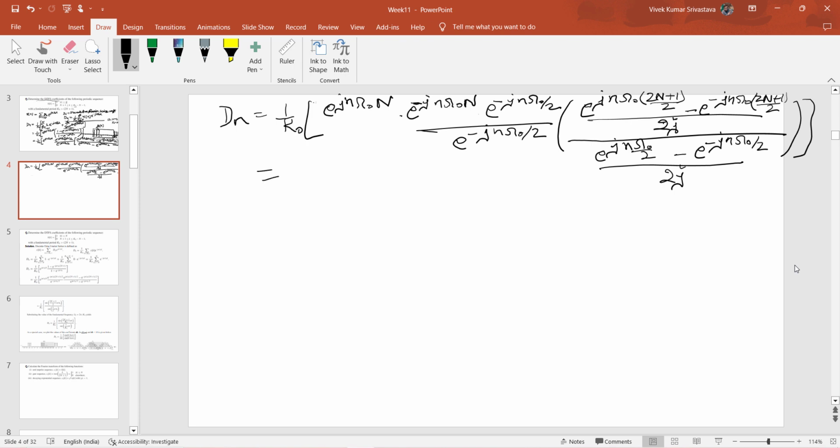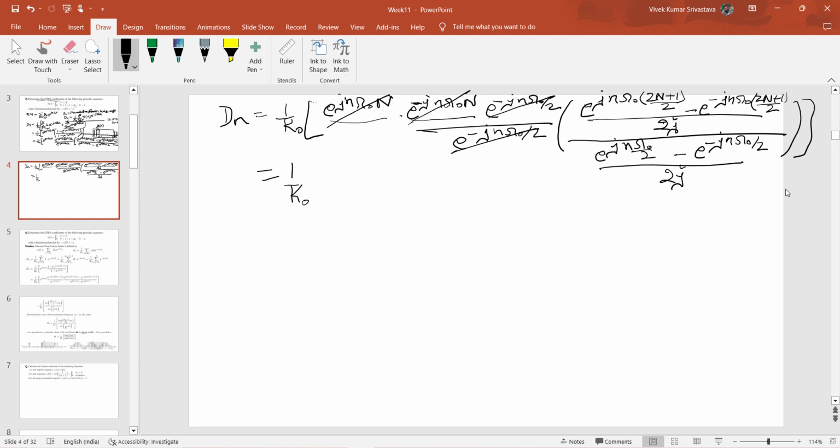So we can further solve this. Here the numerator and denominator terms will cancel, whereas these two terms will cancel because one term has its power positive, whereas the second one has its power negative.